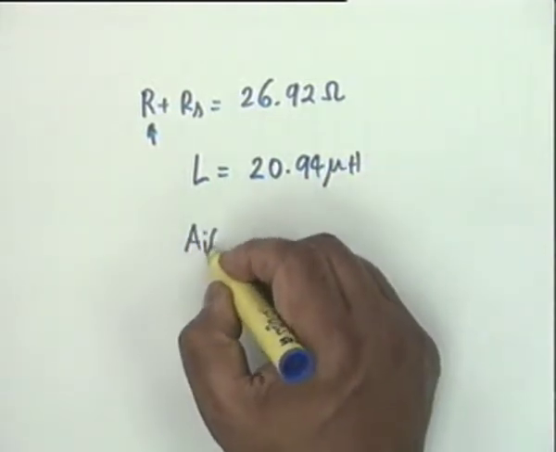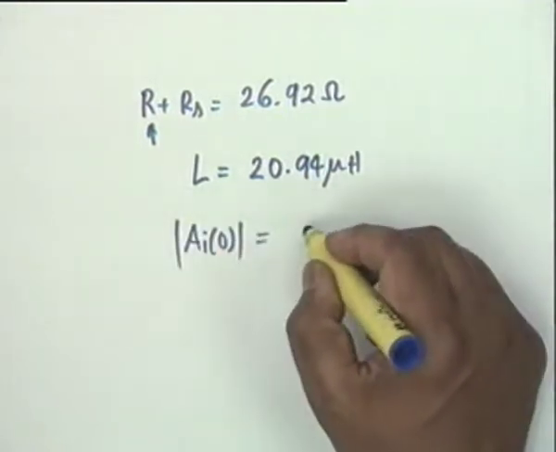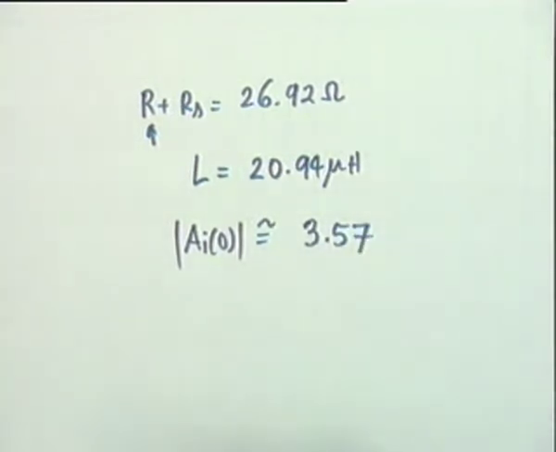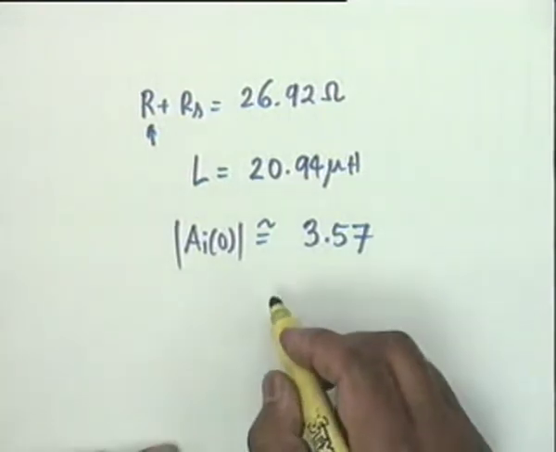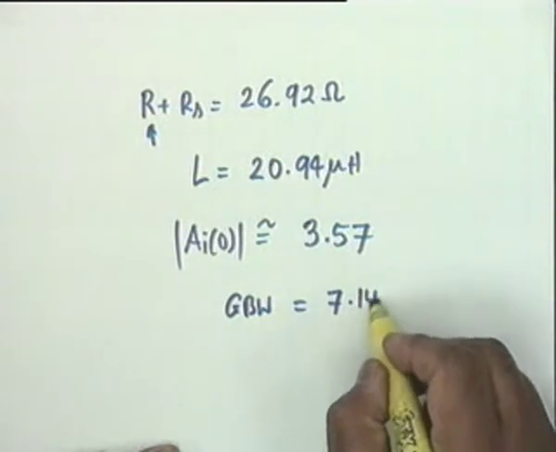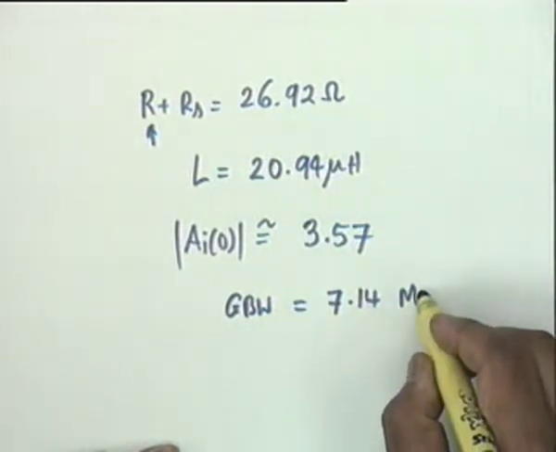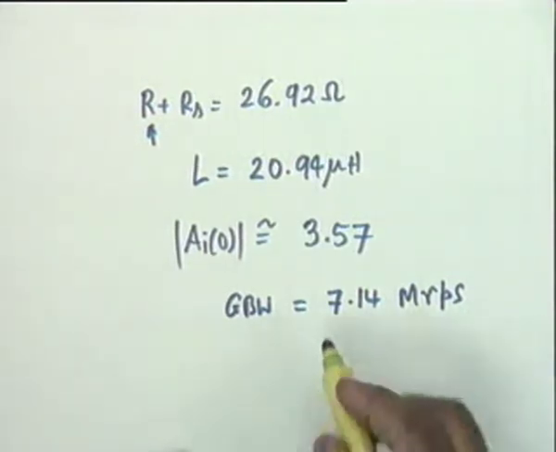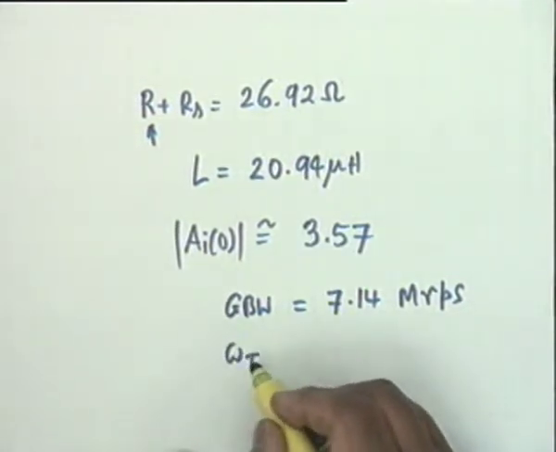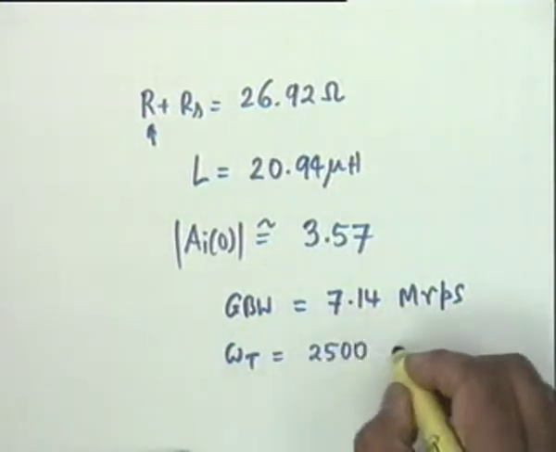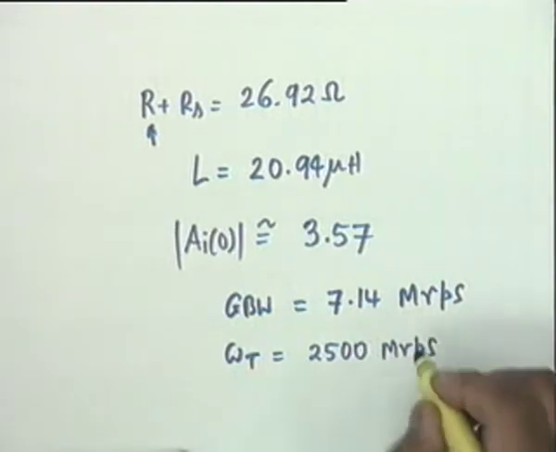and Ai0, the mid-band gain under this condition, is approximately 3.57 only, which means a gain bandwidth product GBW is 7.14 mega radians per second, whereas omega t is calculated at 2500 mega radian per second.